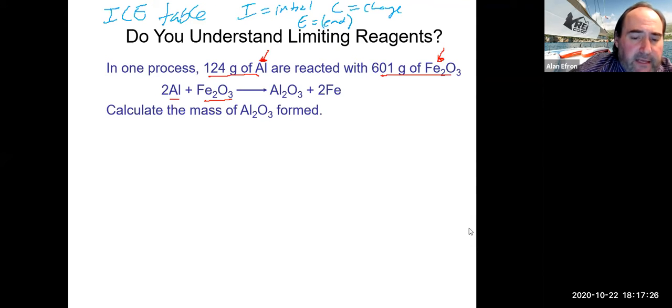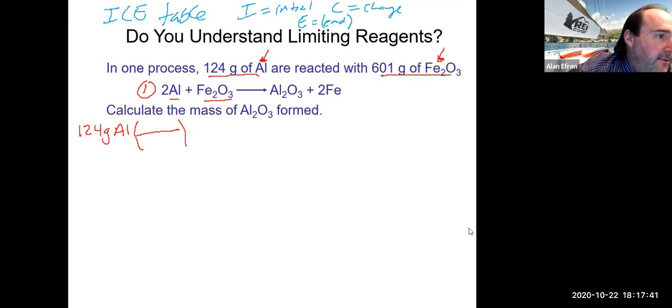So the first step is still kind of the same. We want to make sure it's balanced, which it is. Next step is we want to convert each of these things into moles. So we're going to take our 124 grams of aluminum and convert that into moles using the periodic table. We got 26 something, 26.98.